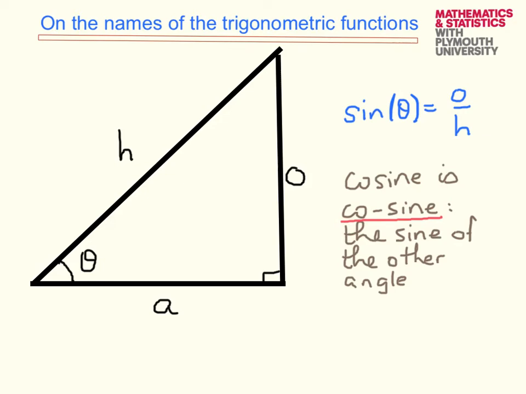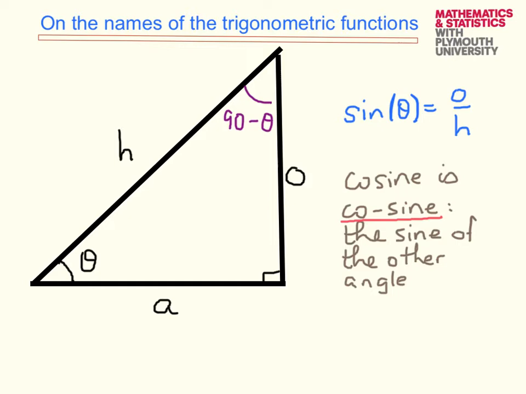So if we look at this other angle in our triangle, and if I'm using degrees, this is 90 minus theta. If I was using radians, it would be pi over 2 minus theta. Then the cosine of this angle was originally viewed as the sine of this angle.